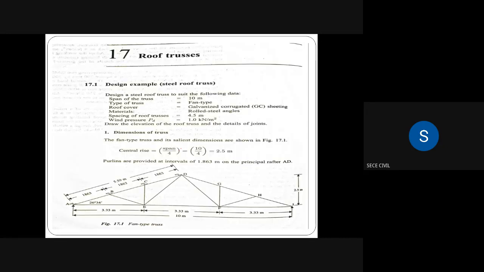This 10 is the span length of the roof. We have to take the span length of the roof, not the bare distance. 4.5 meter is the bare distance here, so 10 is the span of the roof. We get the value as 3.96 kilonewton meter.